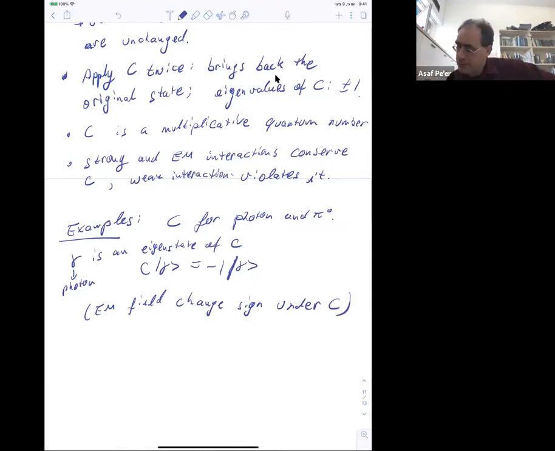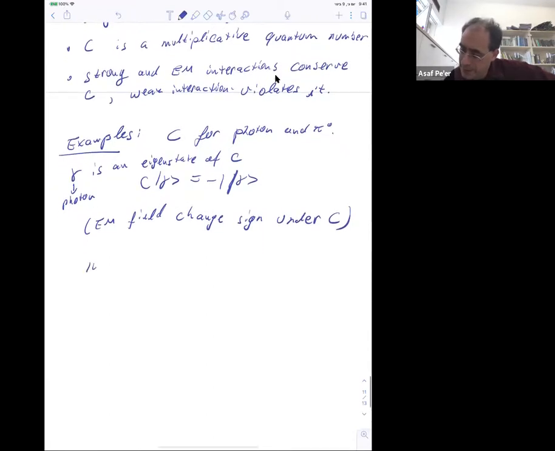What about the pion 0? So here for the pion 0, I'm going to use the observational result, which means that the most common decay channel of the pion is to 2 photons, and not, for example, to 3 photons. Now, without charge conjugation, it could have decayed into 3 photons as well.